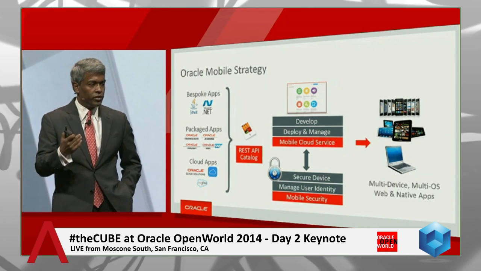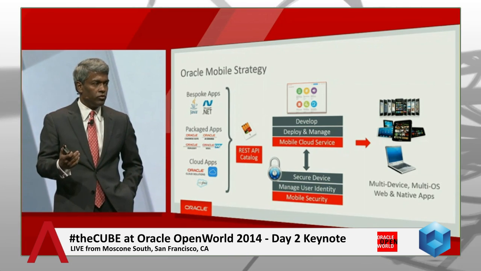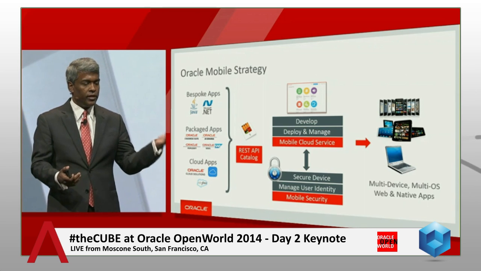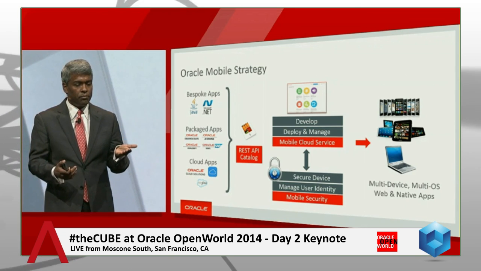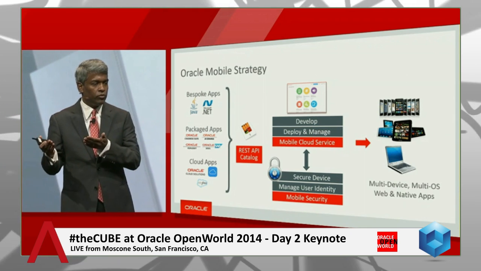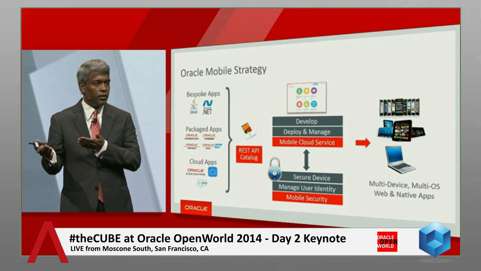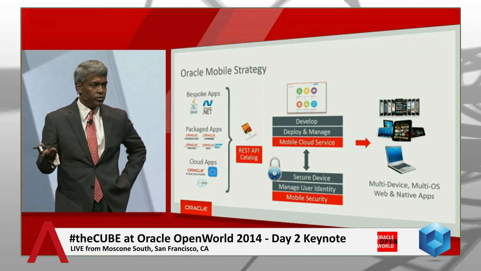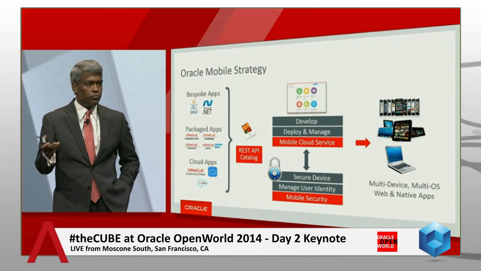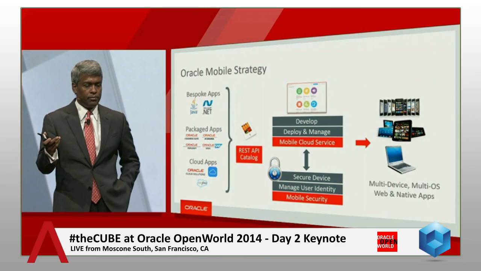Then we're introducing a new capability called the Oracle Mobile Cloud Service that lets you take that REST and use it to develop and deploy applications up to multiple operating systems and multiple device platforms, iOS and Android, smartphone, small tablet, big tablet.